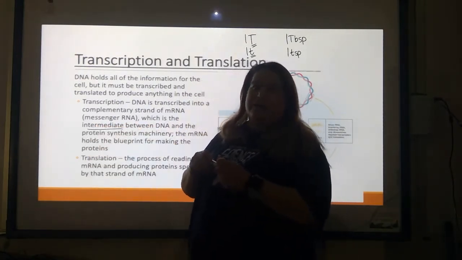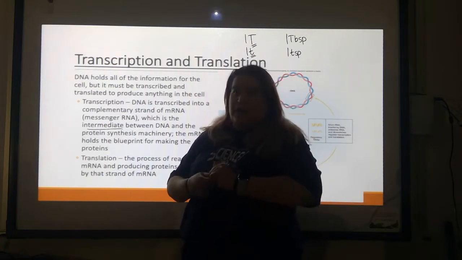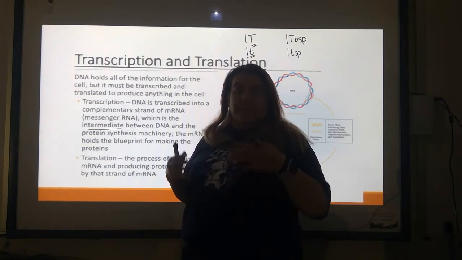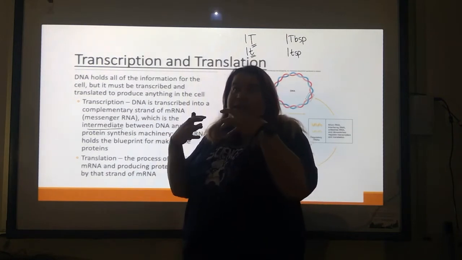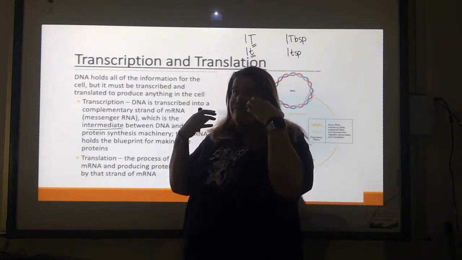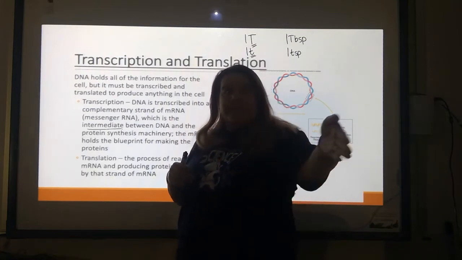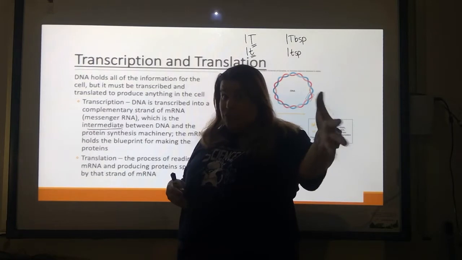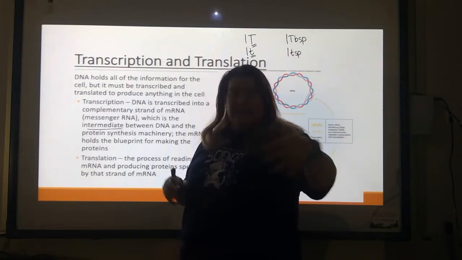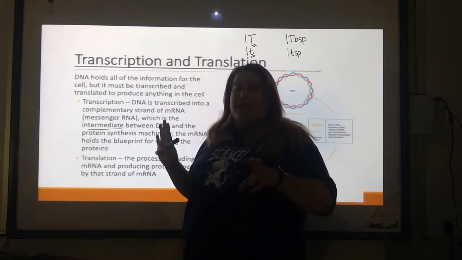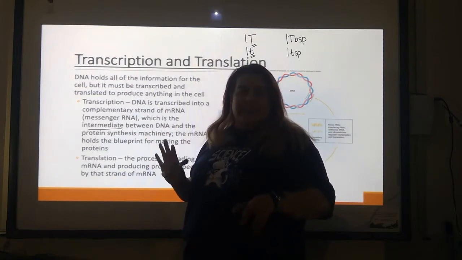DNA cannot come out of the nucleus of a eukaryotic cell. It's trapped in there. Having this way to take notes on that section and move it to where my machinery that can actually make something out of it is beneficial, because it guarantees that my chromosomes stay safe inside the nucleus.